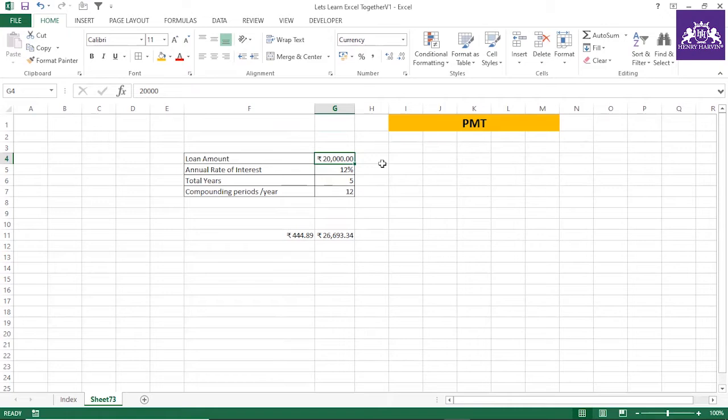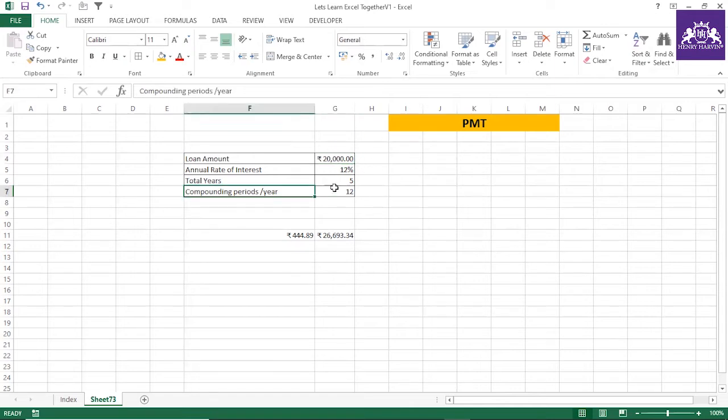So guys, this function is going to be very useful in your life, where you are taking a loan or depositing some amount. Just open Excel and do all the calculations by yourself. Don't just be led by someone else. You have to calculate your own PMT function. This is how you will understand how the PMT function is calculated.